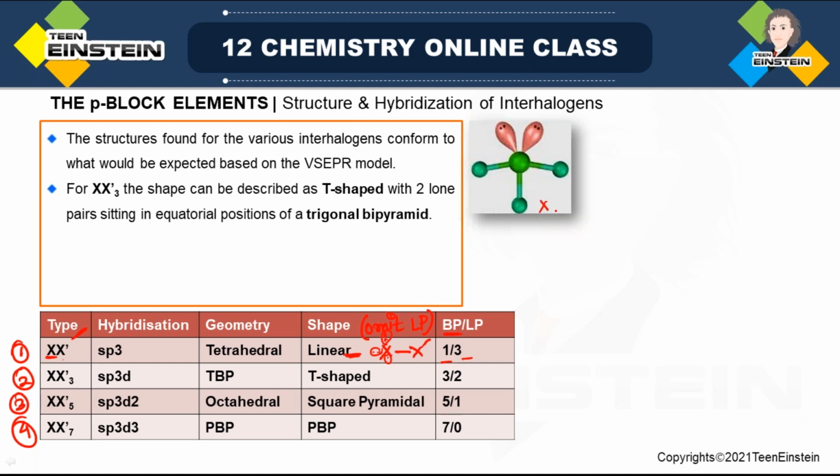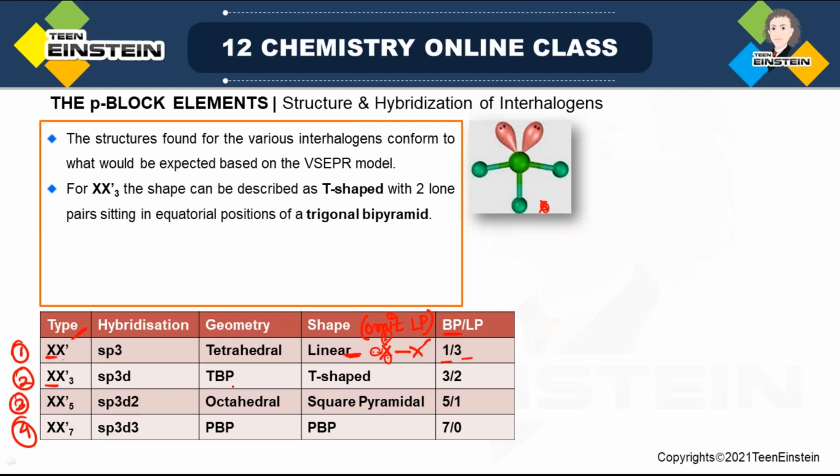Sorry, it is not that, it is X'3. We'll come to that later. Now just look at the table. Then next is XX'3. That is, one central halogen attached with 3 X'. The hybridization is sp3d. And when it is sp3d, that means the total coordination will be 1s, 3p, 1d, so it is 5 coordination.